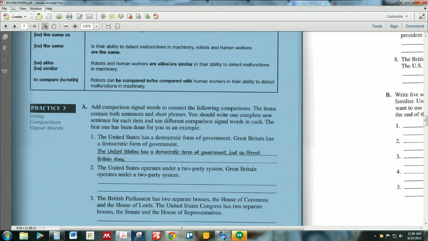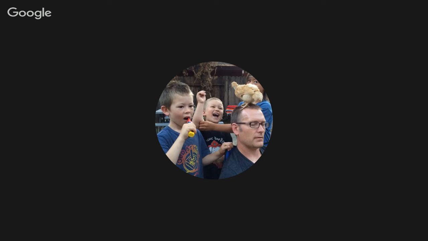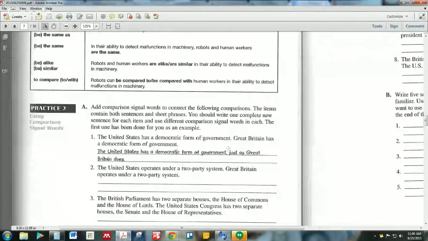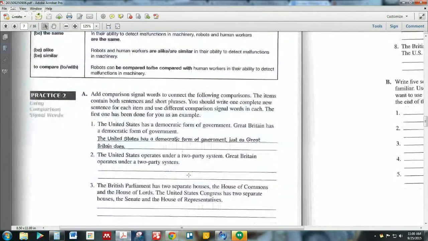Great Britain has a democratic form of government. So instead of having these two sentences that seem similar, you can make them obviously similar by using a comparison word or phrase. So I'll do a couple orally, but this is a very good time when you can practice yourself. Bring them to me during class or office hours. So I'll just do two.